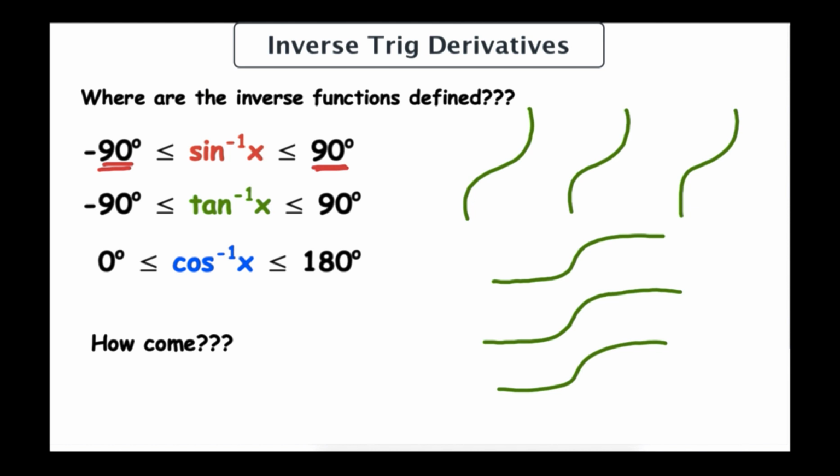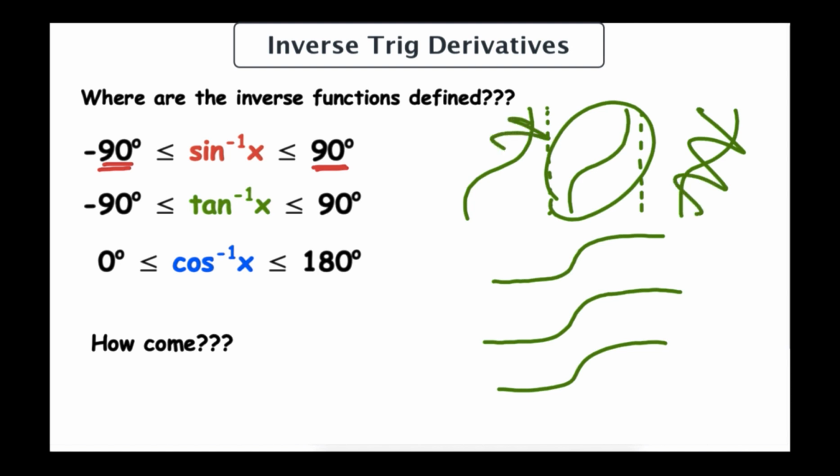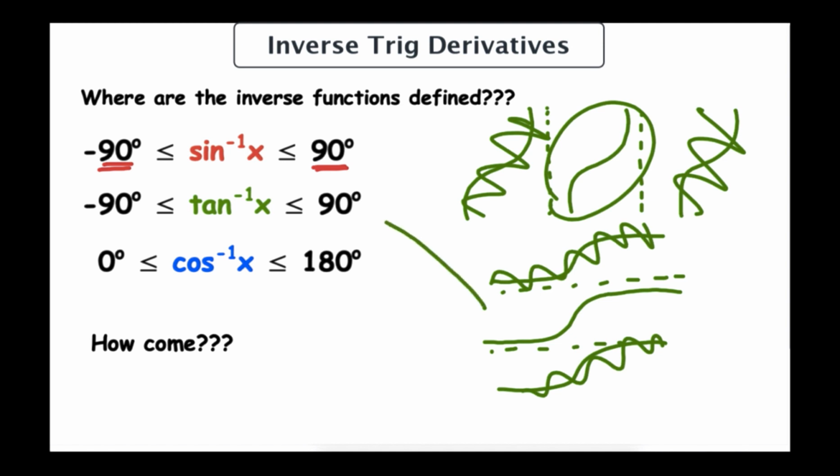So what the math minds did was they said, okay, let's just take this middle one, the one that's closest to the origin, that goes through the origin, and the asymptotes are x equals pi over 2 and negative pi over 2. Let's just look at it only and forget the rest. That way, when we turn it sideways, these won't exist. We'll just have the middle one. And that's why, again, arctan is only defined between negative pi over 2 and positive pi over 2, or negative 90 and positive 90 if you like degrees.